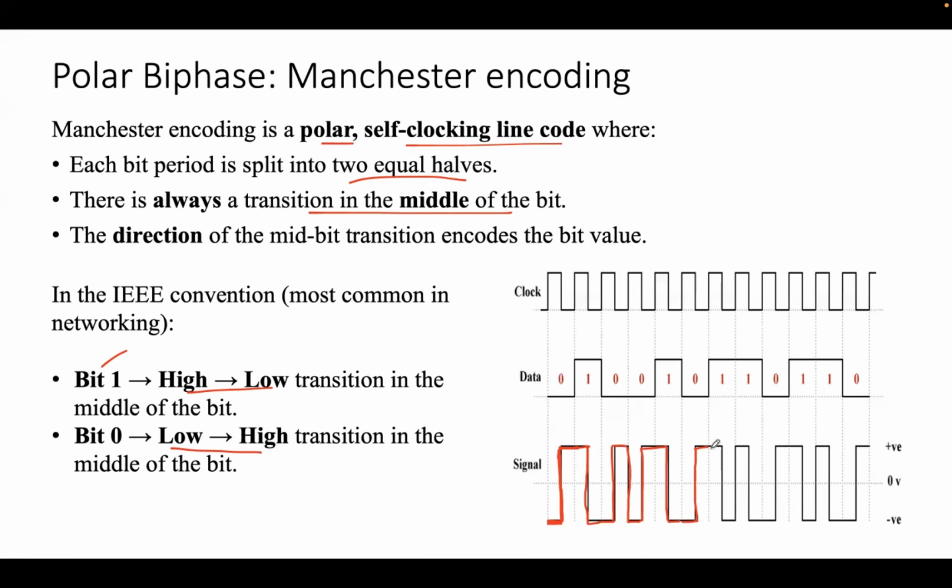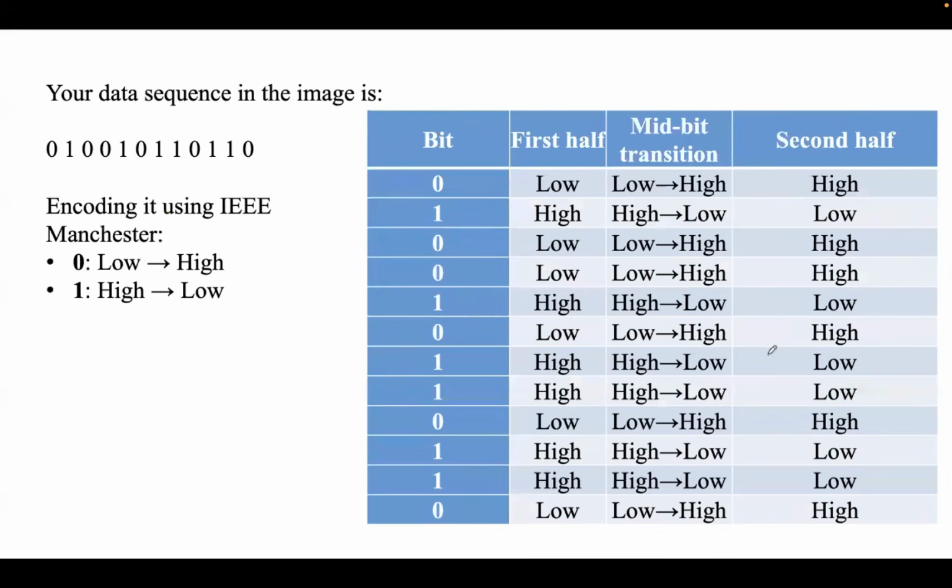Again 1 means again high to low. So for 1 again, high to low. For 0, low to high, and so on. So this is how the table will be represented.